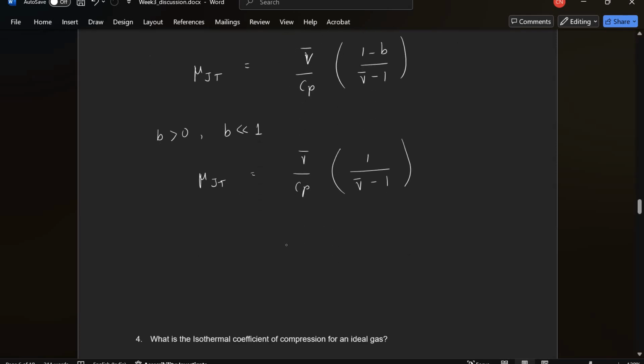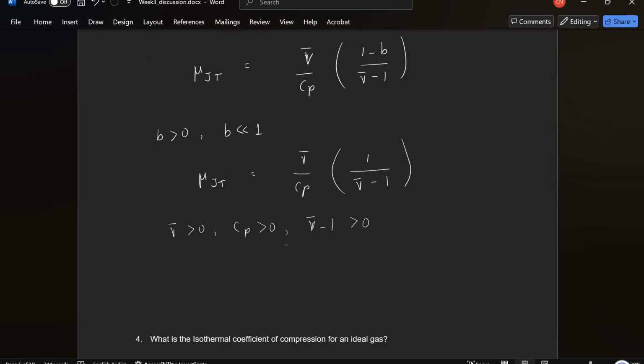I'll continue the recording. Anyway, you see the quantities over here. We have V bar, we have Cp, and since it's a big quantity, all these terms are going to be positive. V bar is greater than 0, Cp is of course greater than 0, and V bar minus 1 is going to be greater than 0, of course, because it's a large volume.